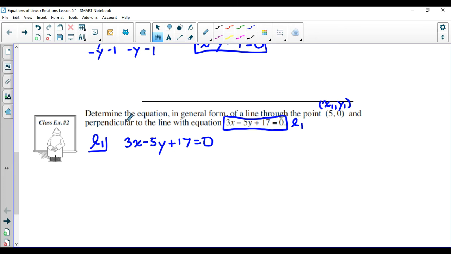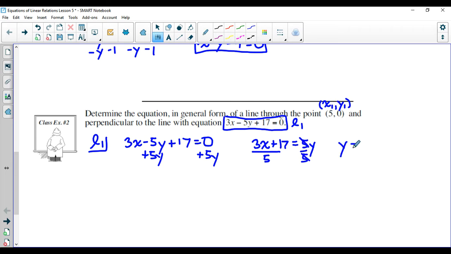And if we want the slope, we want to get it into y equals mx plus b form. So let's try to get the y by itself. Right now, the y is negative, so let's bring it over to the other side to make it positive. We're going to add 5y to both sides of the equation. So then this would give me 3x plus 17 is equal to 5y. And then isolate y.